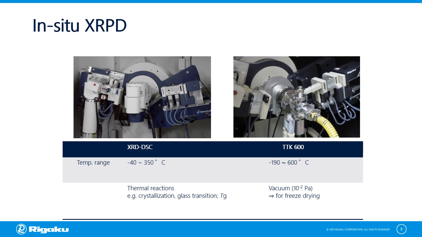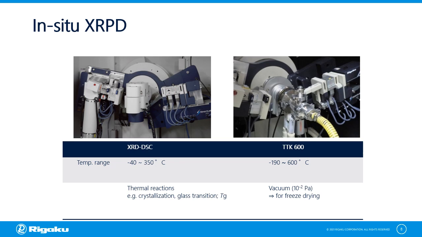The TTK 600 on the right-hand side enables changing temperature between -190 and 600 degrees Celsius under vacuum, minimum 0.01 Pascal. This is an ideal temperature vacuum chamber to simulate the freeze-drying process.